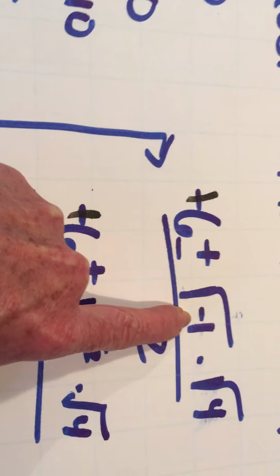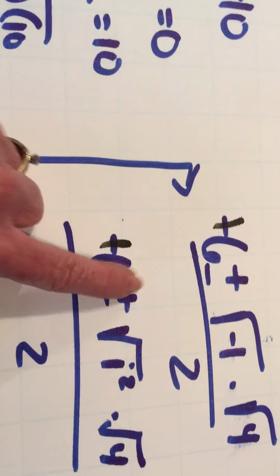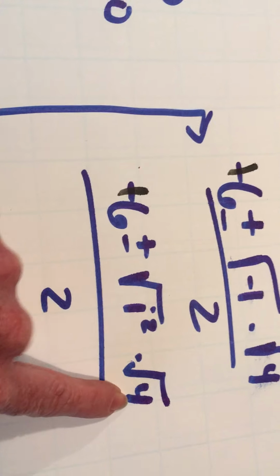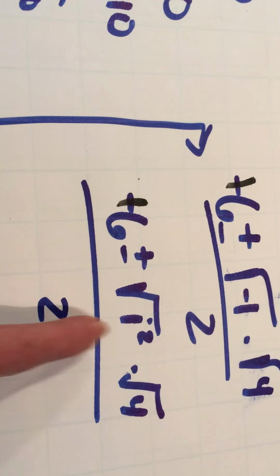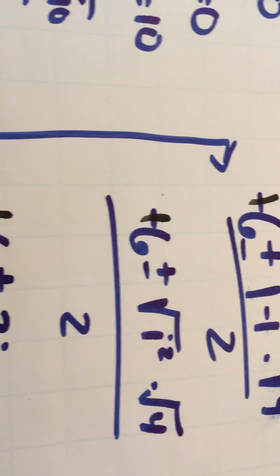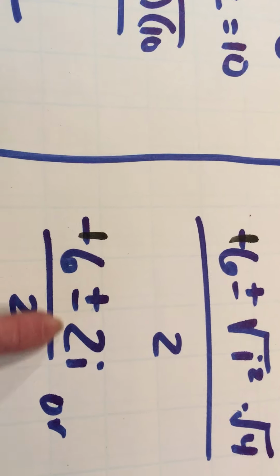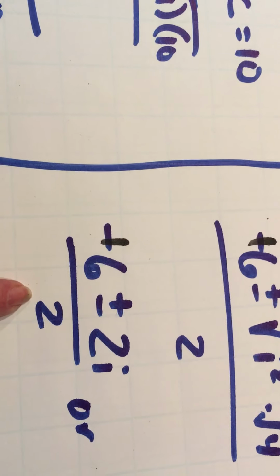We know that negative 1 is the same thing as i squared. So it's 6 plus or minus the square root of i squared, which is the same thing as our negative 1, times our square root of 4, all over 2. The square root of i squared is i. The square root of 4 is 2. So our problem becomes 6 plus or minus 2i over 2.